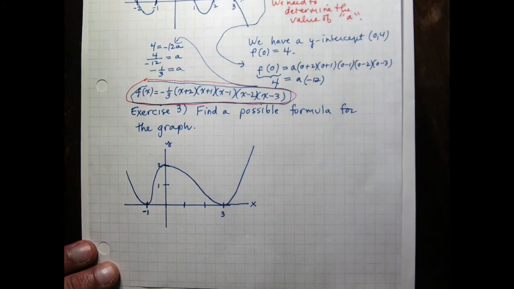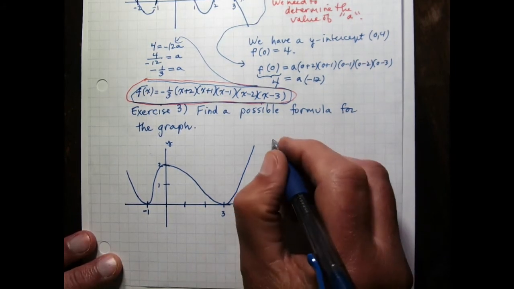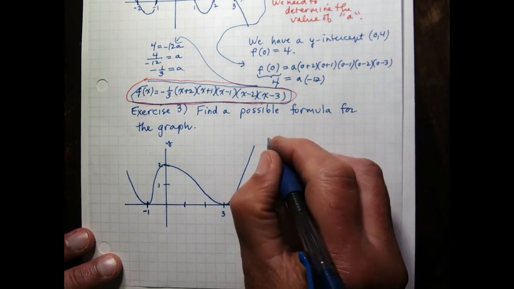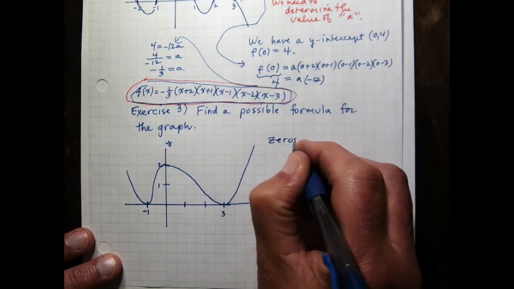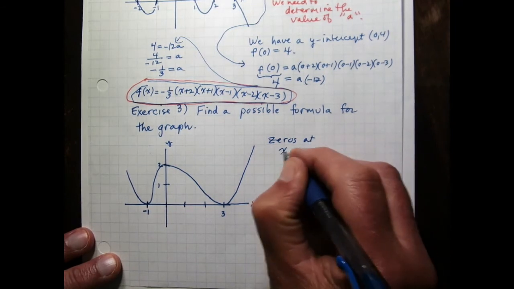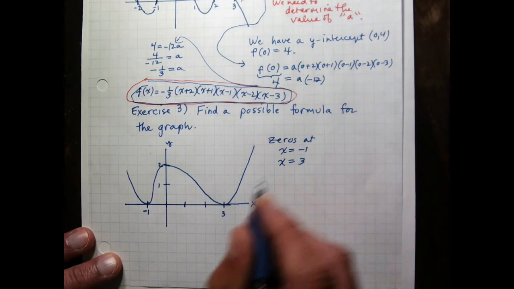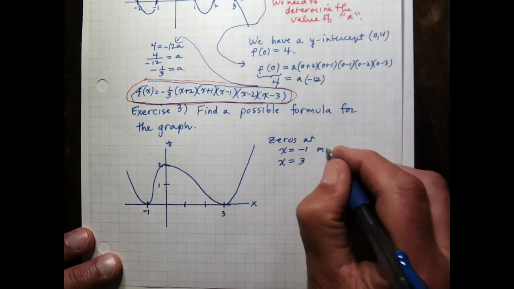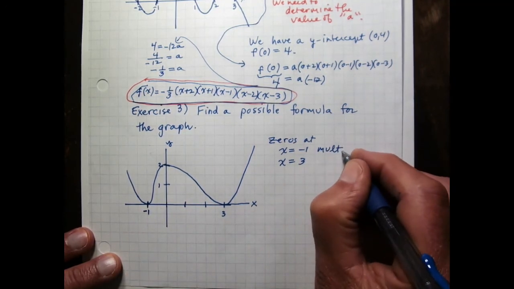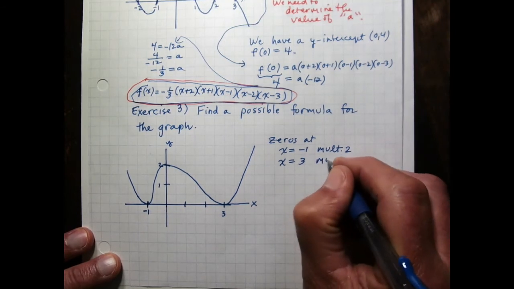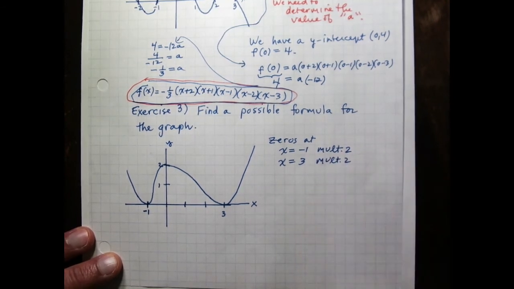Now exercise 3, find a possible formula for this one. It's the same kind of thing now. I see that we have zeros at x equals -1, x equals 3. And what you've got to notice here is they have multiplicity 2. In fact, both of them have multiplicity 2, right?